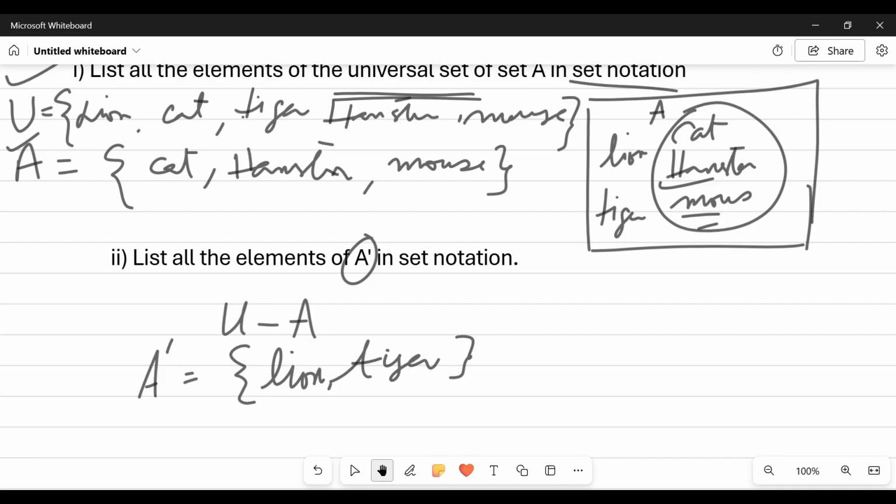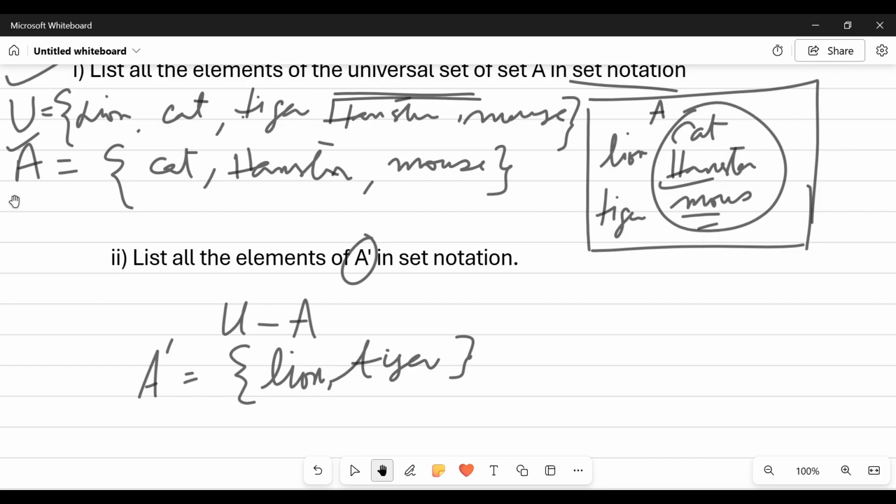Now the second question is also similar. It is given that the universal set is x such that x is an integer between 1 and 10 inclusive. So all the positive integers from 1 till 10, with 1 and 10 included in that universal set.